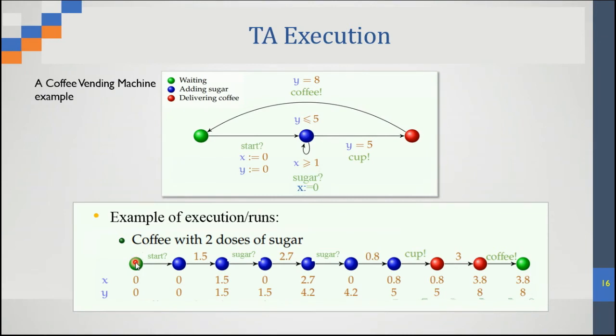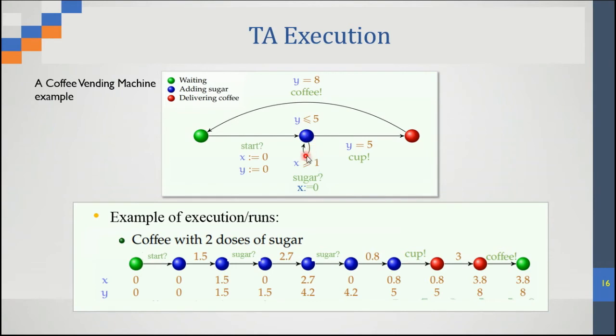So we'll start with the green location. Once you press start, you will move from the green location to the blue location. In the blue location, you can wait as much as you want, but it should be less than 5 units of time, and more than 1 unit of time, because here we have a condition in the location, and also we have a condition in this transition.